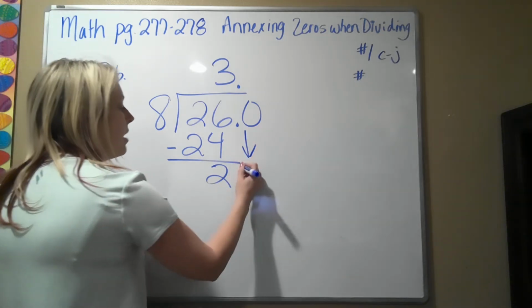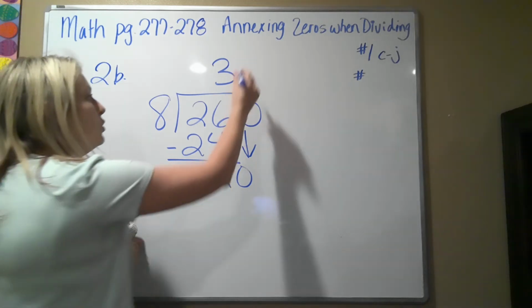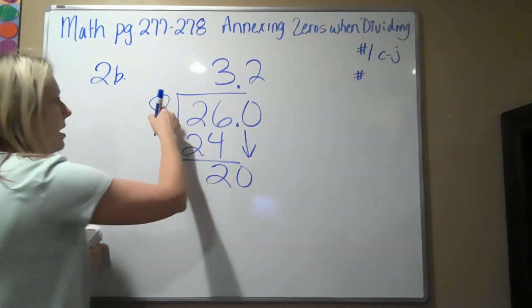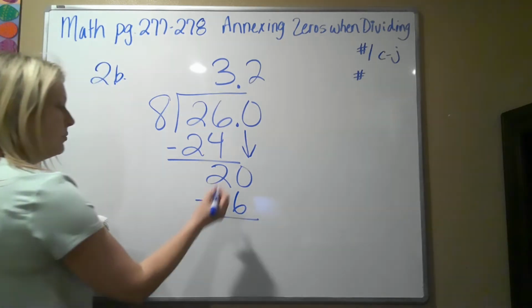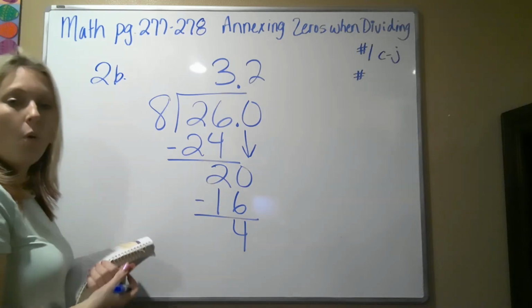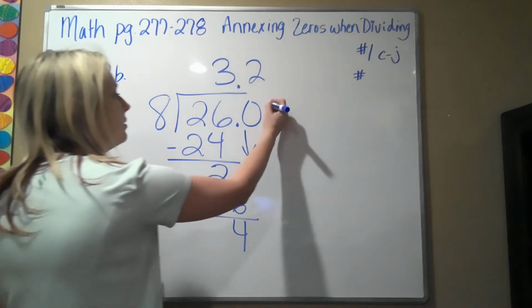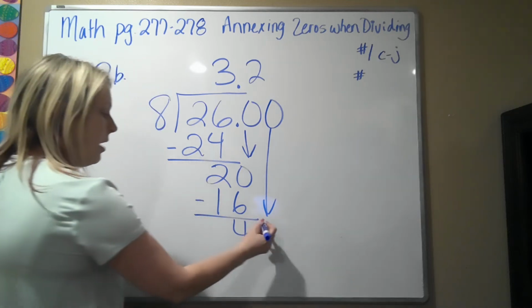Then I'm going to bring down my 0, and I have 8 goes into 20. 2 times 8 is 16. Subtract, I get a 4. 8 can't go into 4, so I'm going to give myself one more 0 and bring it down.